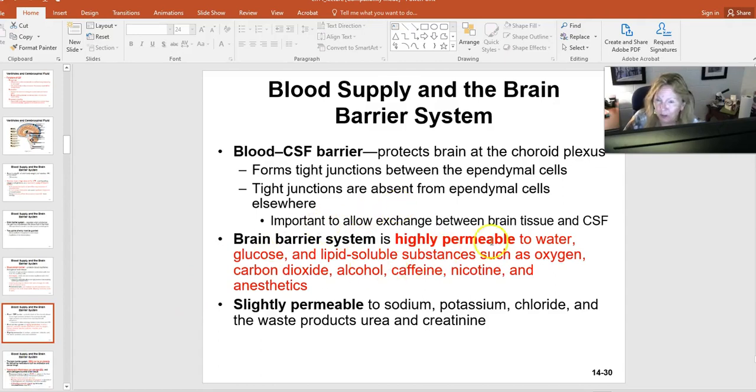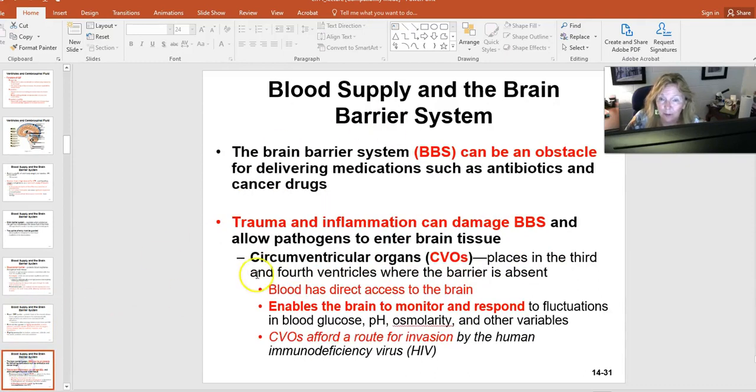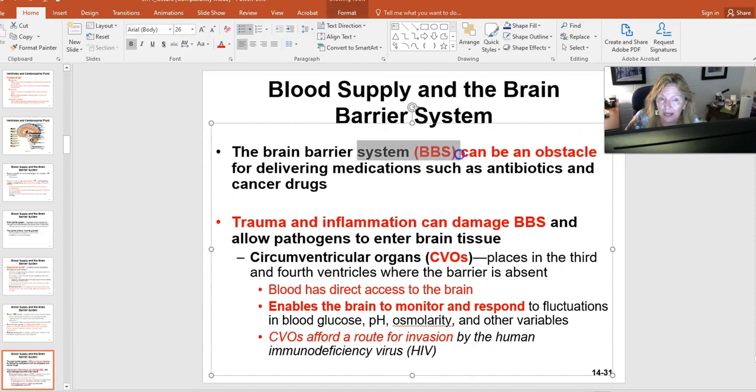Now, we also know that it's really permeable to water, glucose, and oxygen, even some things like gases such as carbon dioxide, alcohol, caffeine, nicotine, anesthetics. Again, I'm not going to have specifics on that, just know that it is selective in what it can allow in. A catch-22 is that it can be really difficult. It can be an obstacle for us to treat.